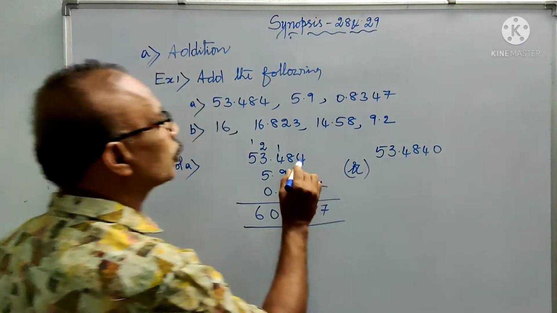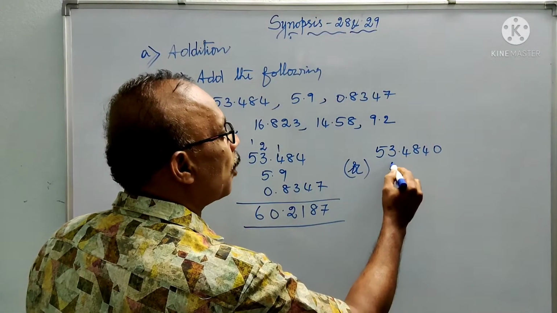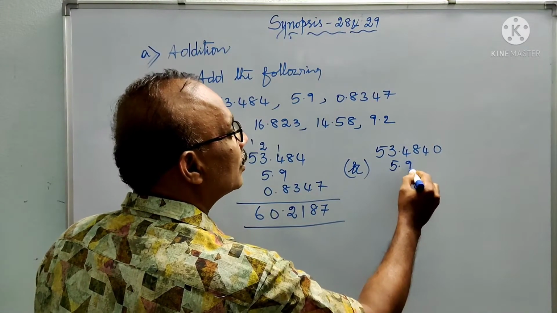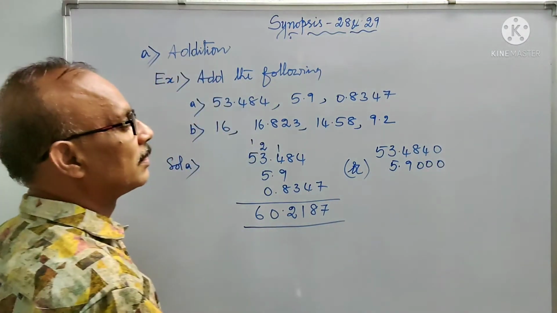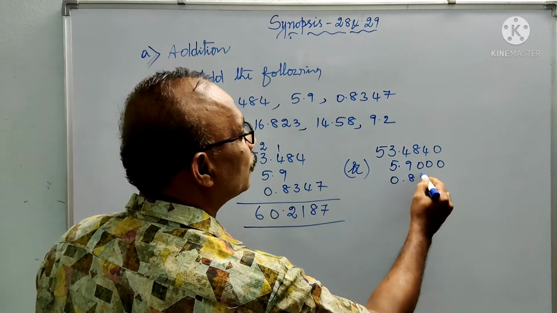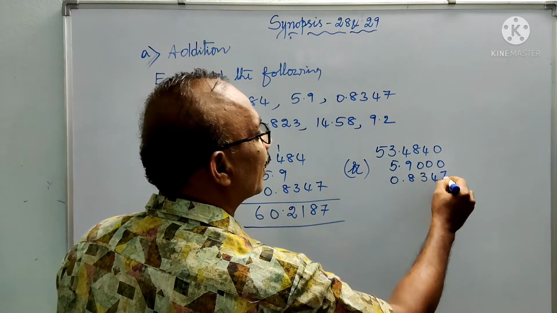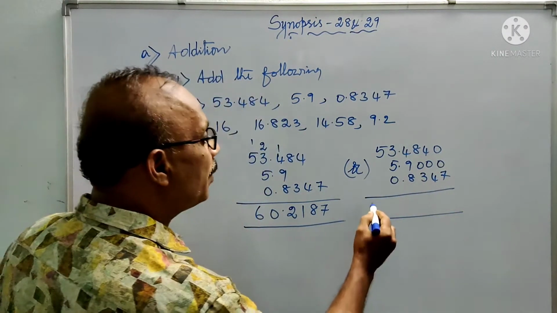That is 53.4840, as there is no 1000th place in this. In the second decimal, only 5.9. That is no hundreds, no thousands, no 10,000s. And the last one, 0.8347. And add all these, and again there won't be any difference.